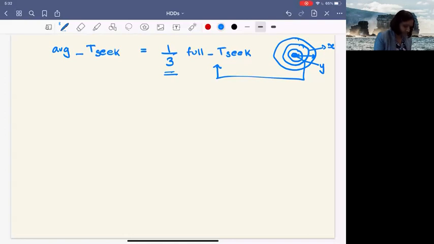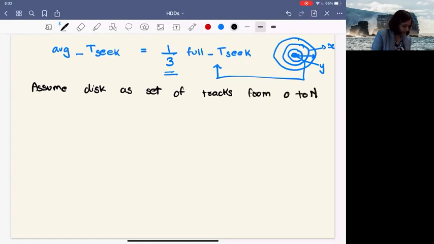So let's assume disk as set of tracks from 0 to n.